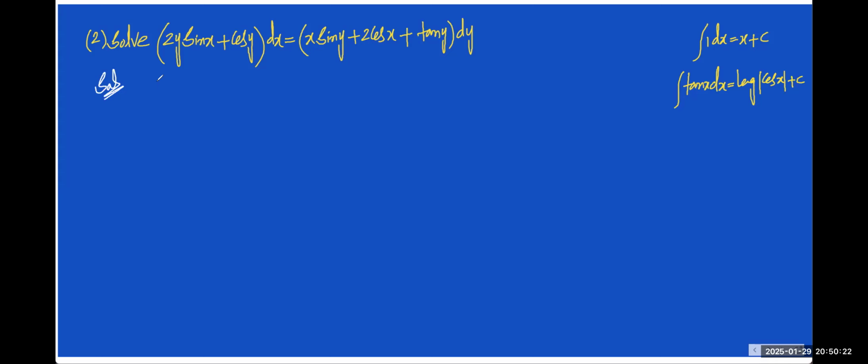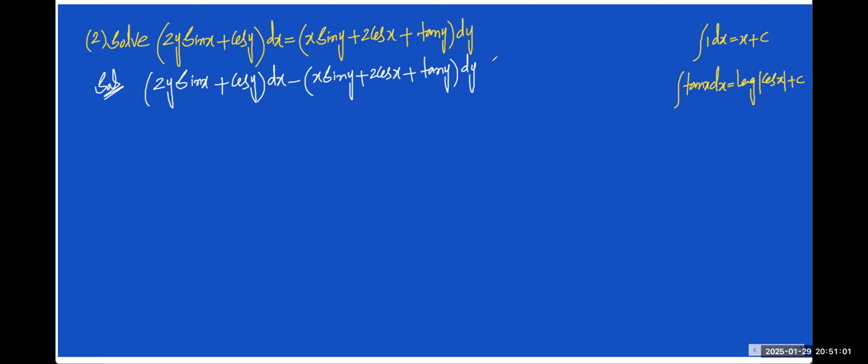Actually, this question can also be written as 2y sin x plus cos y of dx equals x sin y plus 2 cos x plus tan y dy. Take all the values to one side to get mdx plus ndy form. Taking minus common, you can either write a minus sign for each and every term, or simply take it minus common.